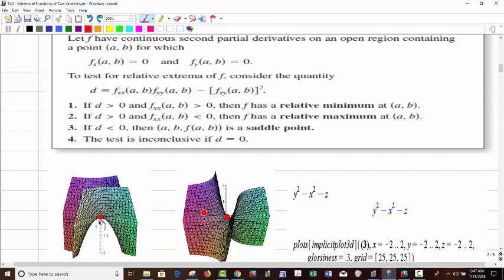Like on the graph on the right, it's at the bottom of a curve, but if you rotate this graph around, that same point is at the top of the curve. So it's not really a max, nor really a min. It's almost like a max or a min depending on direction. Therefore, it's a saddle point, and the name comes from the way the graph makes it look like a saddle. So that's what we have there.